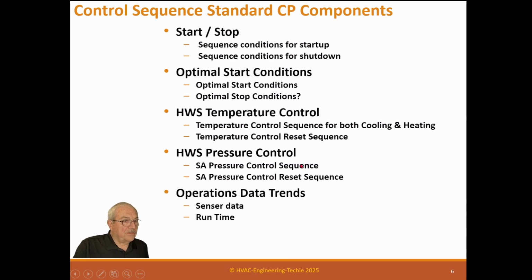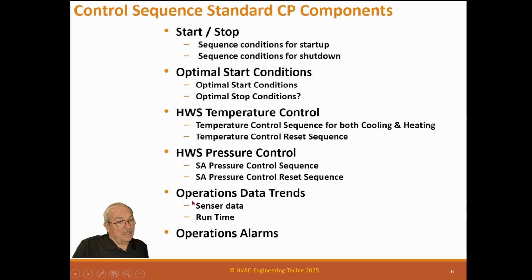Operations data trends: what sense data and runtime, what does the operator need to see in the data trends, and operational alarms. These things should really be in the submittal, and the control contractor needs to do these and deliver them to the owner. Now, the specs all say it should be capable of, but if you don't do this, the operators may not actually know what they need.